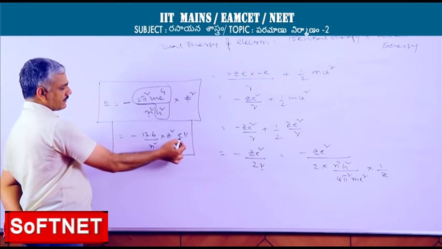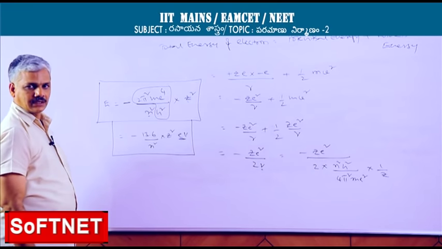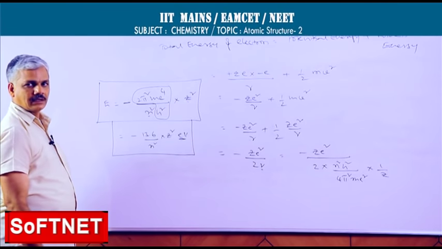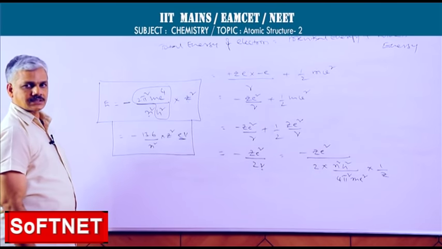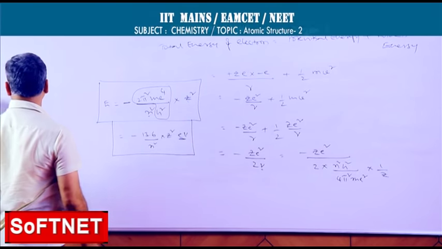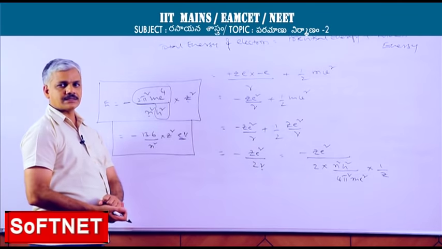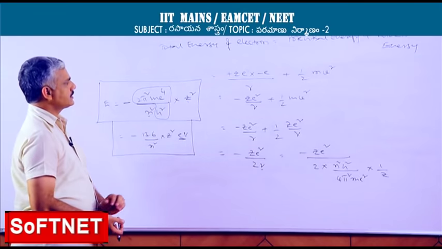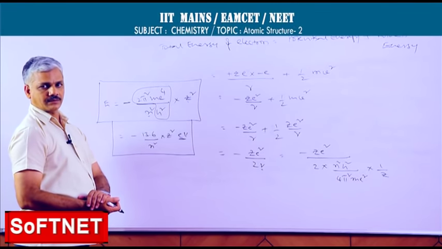And as per the requirement, the electron volt unit of energy can be converted into other units of energies. Like you can convert electron volts into joules, calories as well as ergs. This is the second most important application of Bohr's atomic model.